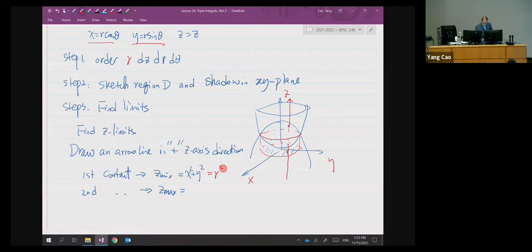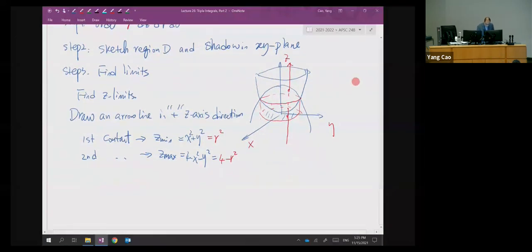And then Z max is given by 4 minus x squared minus y squared. You do the same thing: replace x and y with r cosine theta, r sine theta, and you end up with 4 minus r squared. So that's your Z limits, in terms of its own coordinate variables r and theta. So now you've got your Z limits, and the next step is to find r limits.